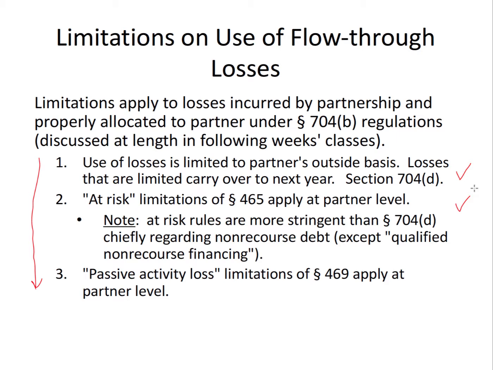The idea is that we're looking at certain types of financing, or what exactly are you at risk? What do you have your skin in the game with respect to your investment? And then finally, the last step is the passive activity loss limitations under Section 469. That has to do with the type of activity, whether it's active, passive, or investment activity. Again, I have another video on that.